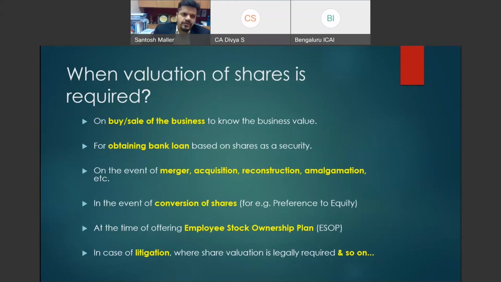So under Section 247 of the Companies Act, wherever a valuation is required, you need to have a registered valuer. Also, when it comes to valuation under FEMA or valuation under income tax, there has to be certain experts.